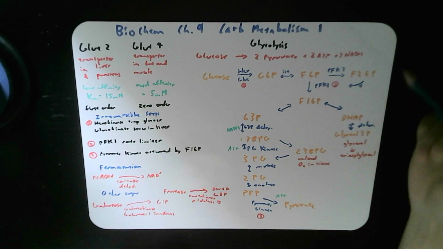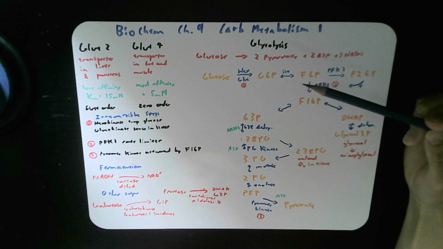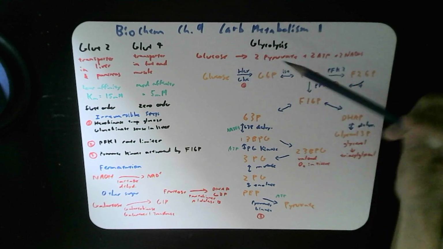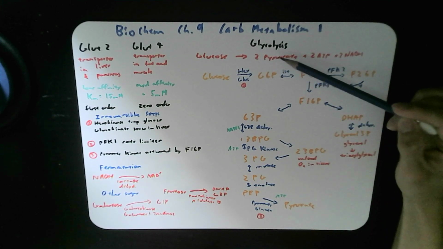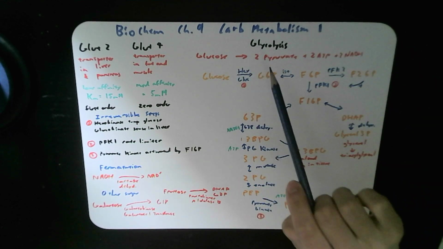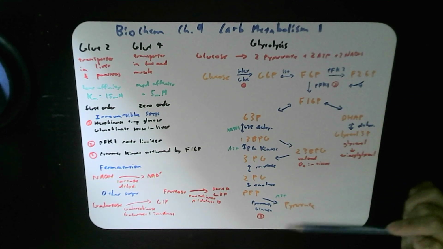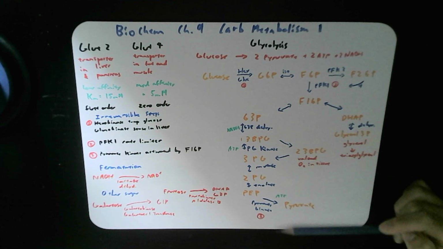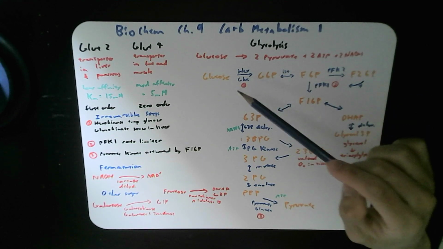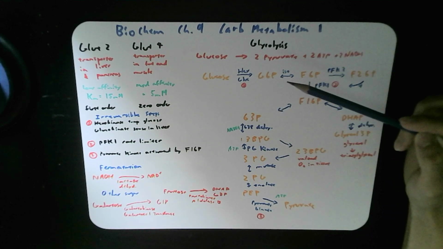Now, getting right into glycolysis, we start with the glucose molecule. The tally result ends up being 2 pyruvate, 2 ATP, and 2 NADH. So you will see that the bottom half here, it does twice. Starting with glucose, it uses hexokinase or glucokinase, depending on where it is.